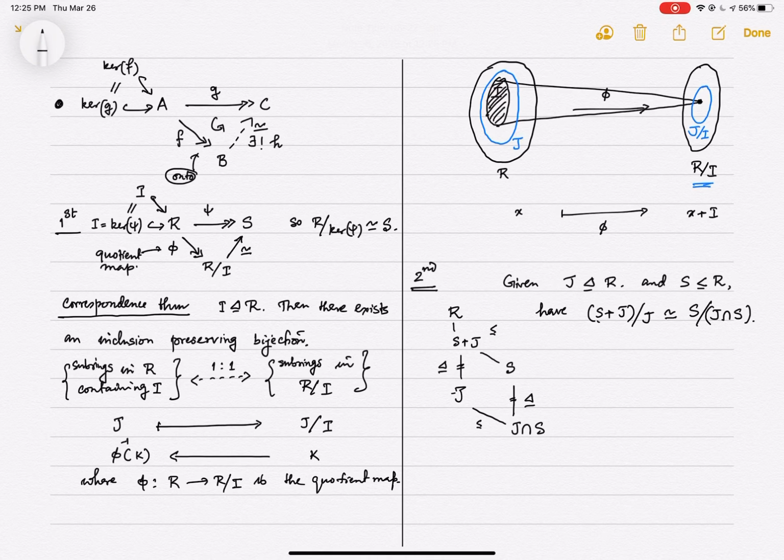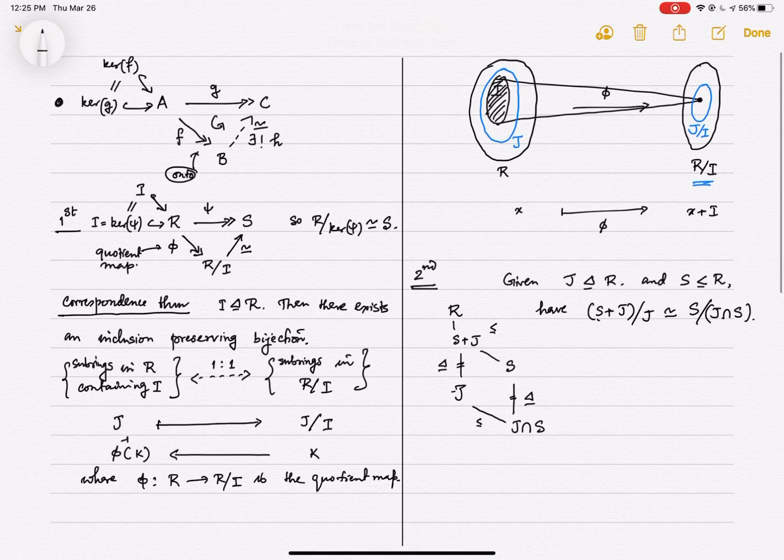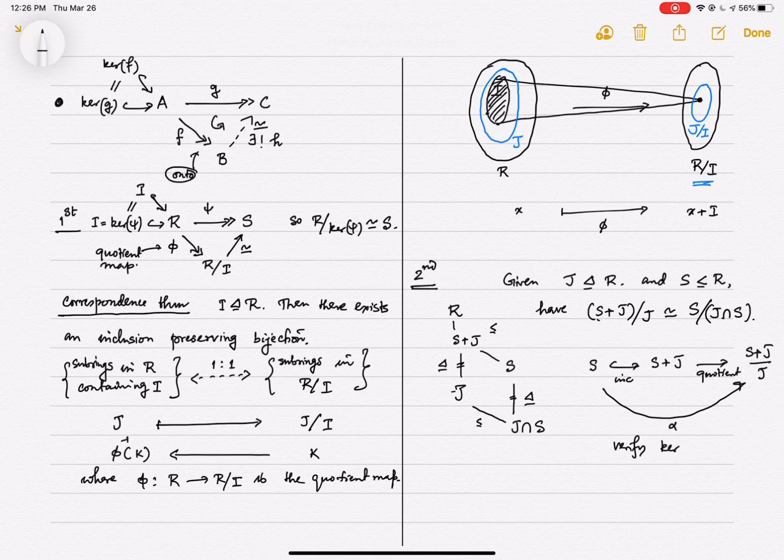And the proof of this, if I can remind you quickly, you don't give the map directly, so from S you have the inclusion into S plus J, and then the quotient map onto S plus J mod J. And now you look at this composition alpha and verify that the kernel of alpha is the intersection, and then you use the first isomorphism theorem.